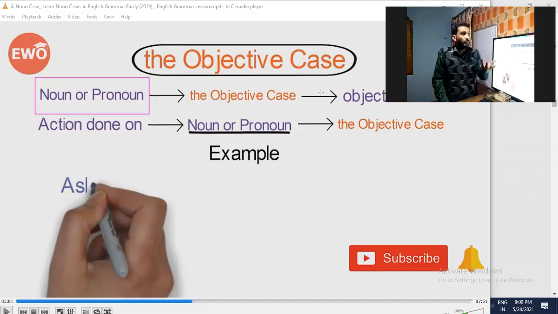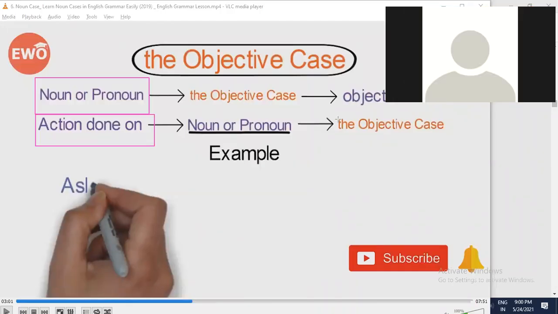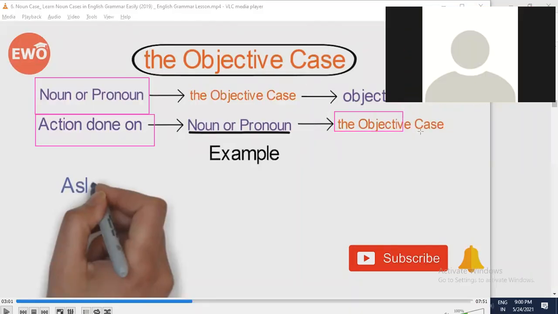Object of a verb कब होता है? हम इसको एक नाउन को और एक प्रोनाउन को कैसे ऑब्जेक्टिव केस, देखो कब, जब इसमें हमें कैसे पता चलेगा? सेंटेंस में जब भी कोई एक्शन हो, when an action is done, कोई भी एक्शन हो और उसको रिसीव करने वाला, यानी वो किस पे होगी? किसी नाउन और प्रोनाउन पे. जिस नाउन और प्रोनाउन पे वो एक्शन होगी या जो उस एक्शन को रिसीव करेगा, that noun or pronoun is called in objective case.